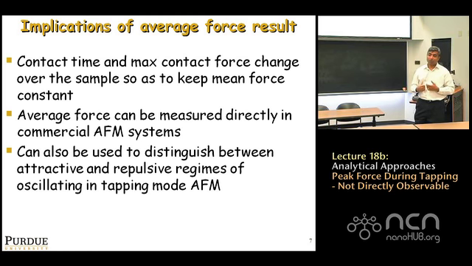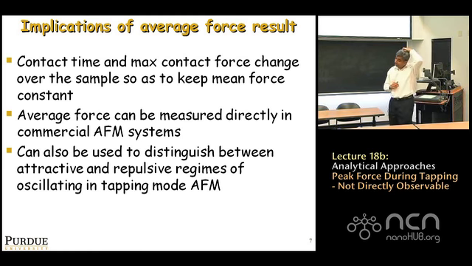So this is important for two reasons: the average force can actually be measured. It's an observable in an AFM scan, and I encourage you to try it. You have to figure out what channel to get the mean deflection; times stiffness gives you the mean force.